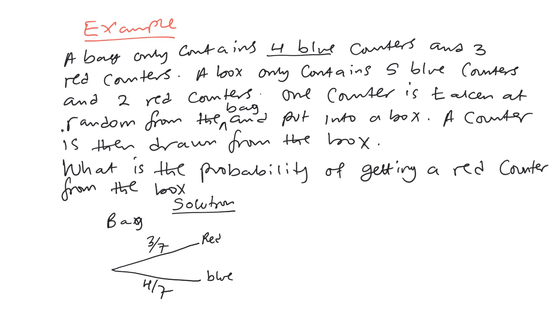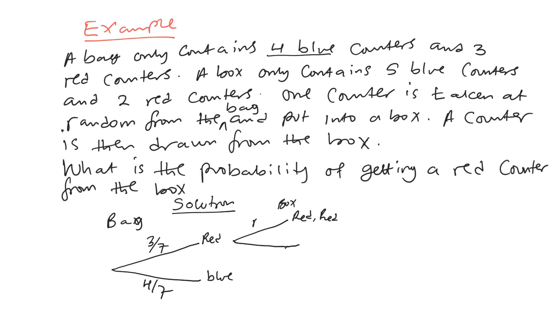Now, if we picked red and we place it into the box, so the second we shall have a box. We have the probability of picking a red still, and the first was red.